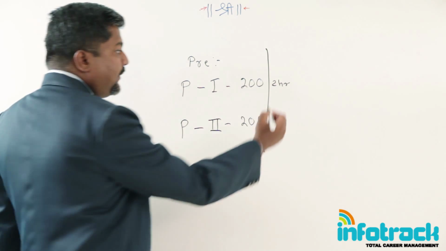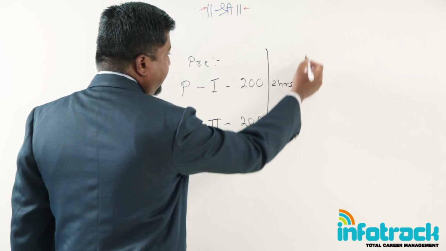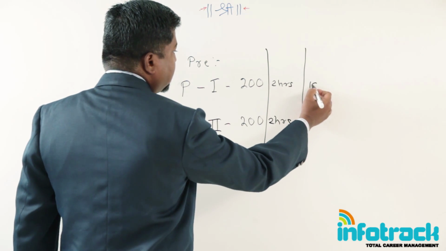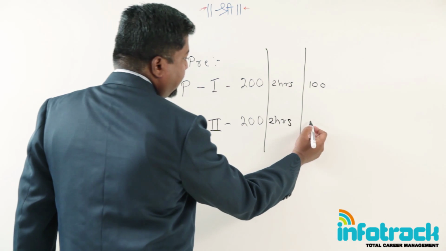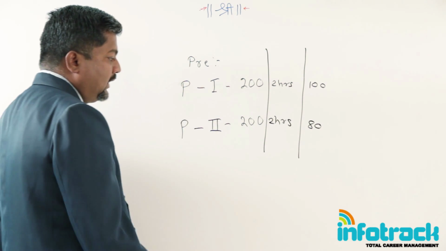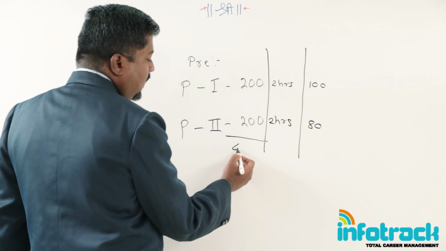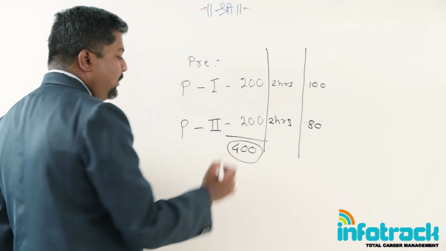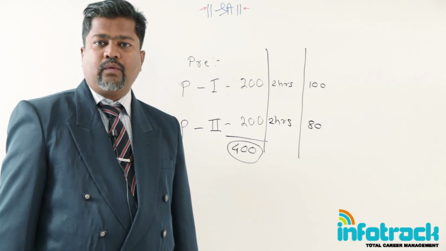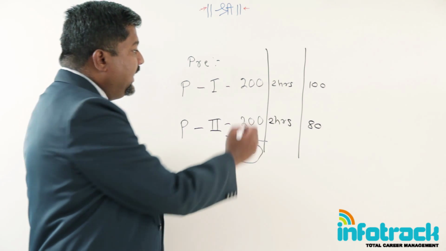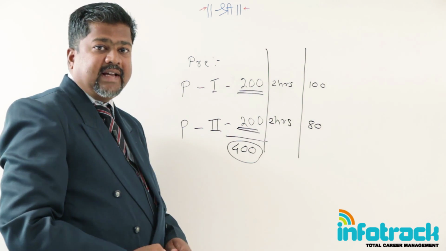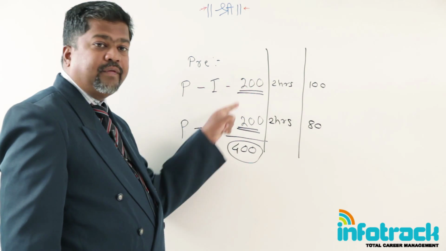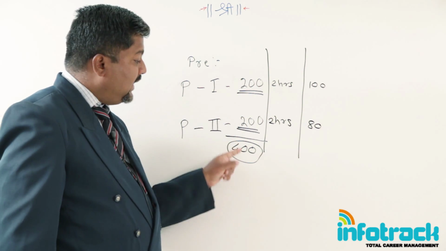Paper 1 has 100 questions and paper 2 has 80 questions. In total there are 400 marks, and selection is based on the total of 400 marks, but individual cutoffs are also there. So we have to take care of the individual cutoff marks as well as the total marks.